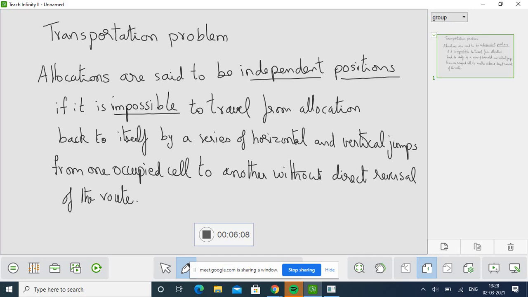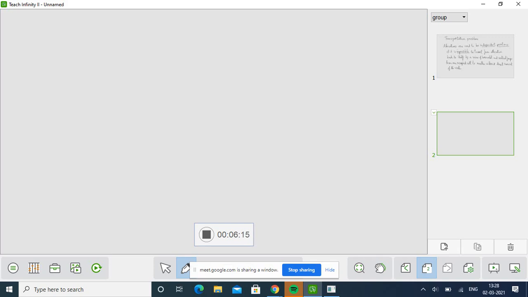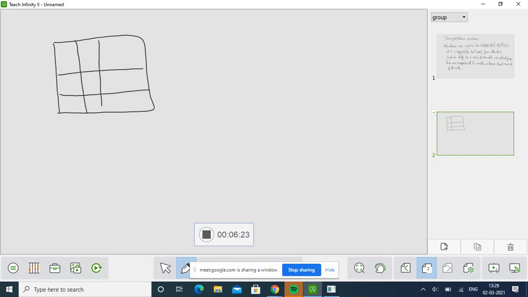Now, writing like this in pages together does not make much sense. Let us see how you can actually visualize this. Suppose, see, I am going to have a grid like this. Normally a transportation problem could be 3 cross 3, 3 cross 4, anything. So we are going to have a 3 cross 4 grid.